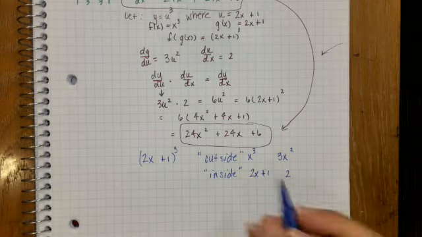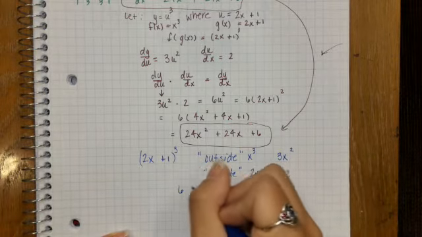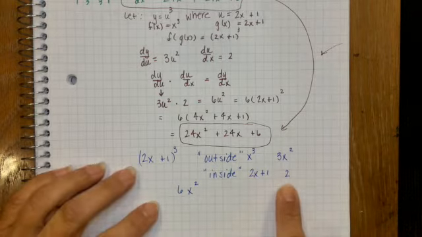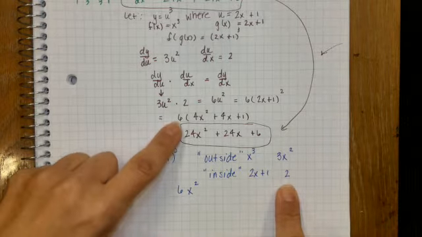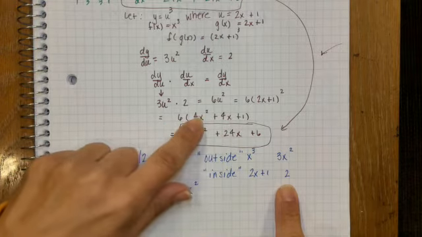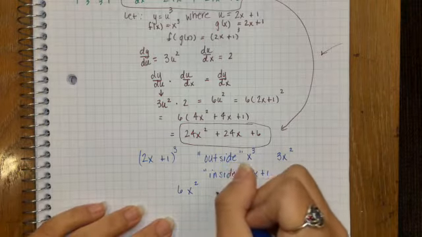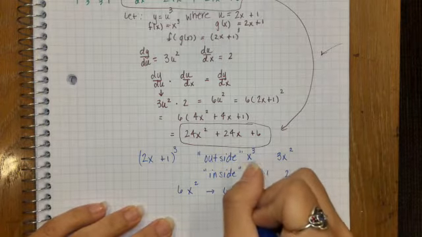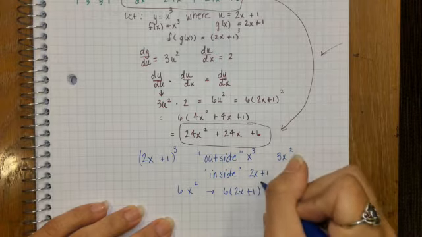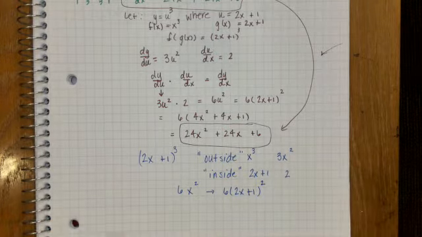So this looks like 6x squared when you multiply them together. Here's your 6, and your inside squared. It's 2x plus 1 squared.